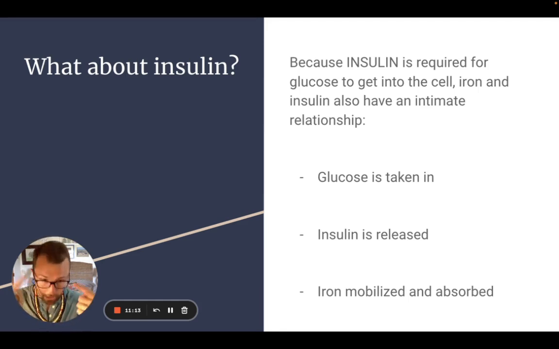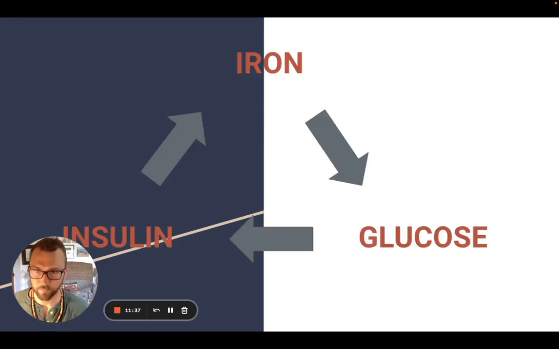So when we take in glucose, our pancreas reads that, releases insulin. When our body releases insulin, that signals our body to mobilize iron to be able to use it with the glucose that we just took in so that the cell can make energy. Okay? Let that sink in for a sec. Pause the video if you need to.